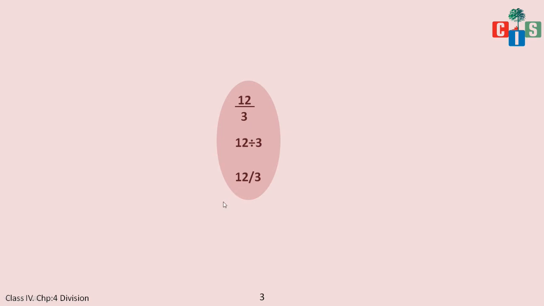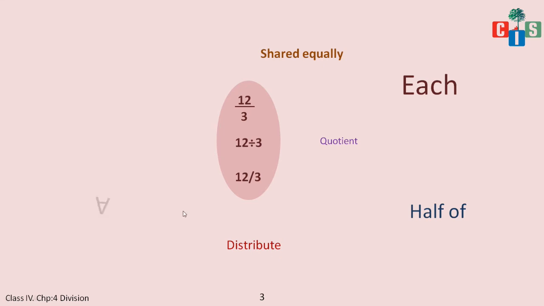Fine. Now we will have certain words with which you can know that this is a word problem of division. When you have words like shared equally, each, half of, distribute, a meaning a single thing, per also meaning a single unit, and divide.